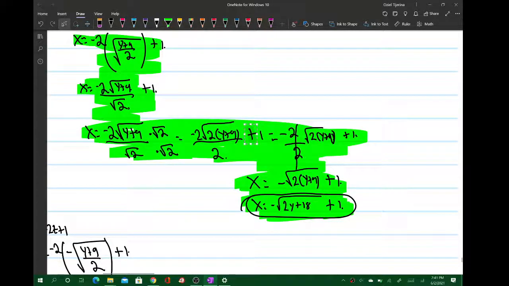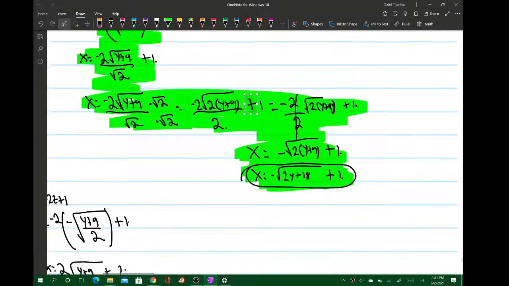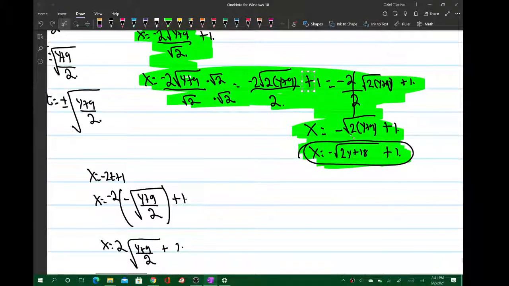So when I did that, I got x equals negative the square root of the quantity 2 times y plus 9, plus 1. Then I simplified it.